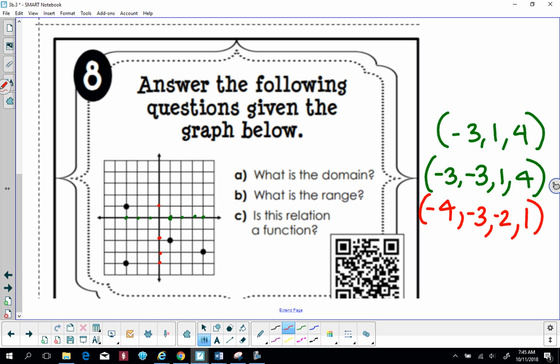Then, is that a function? No. Which one repeats that it's not a function? These two, right? So if the x repeats, we know it's not a function. Anywhere on the graph, if you scan it and you see there's two things on one line, you know it's not a function.